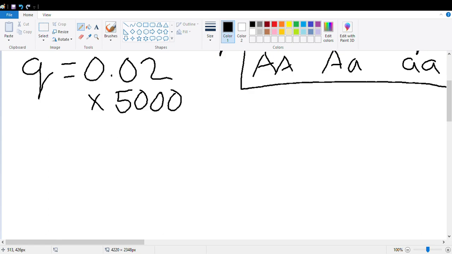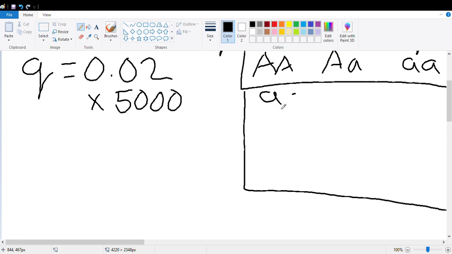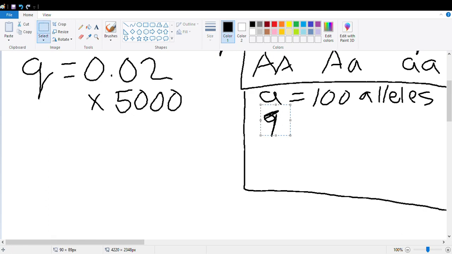So 2% times 5,000 is the frequency of little a, which is 100 alleles. And P is therefore 4,900 alleles.